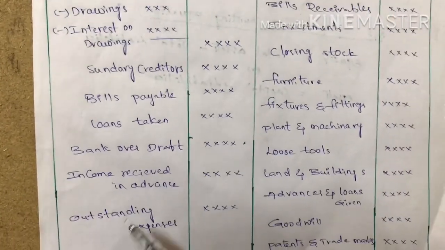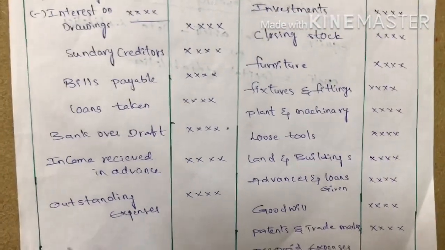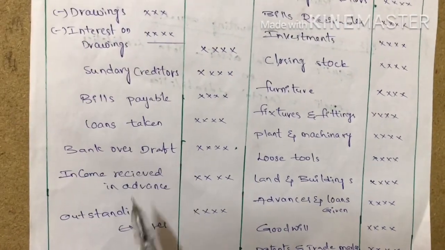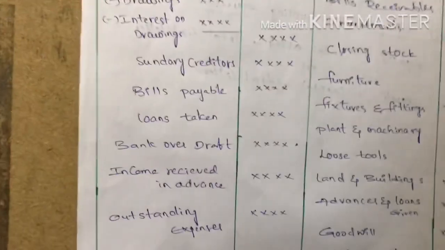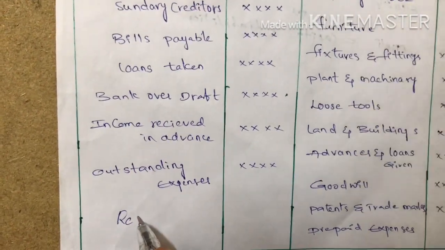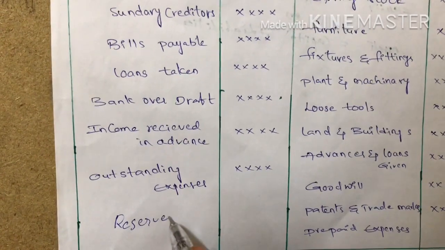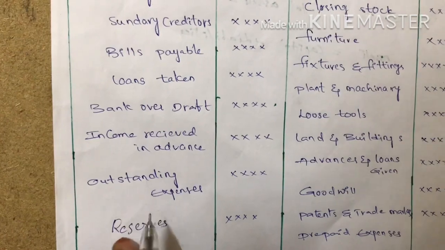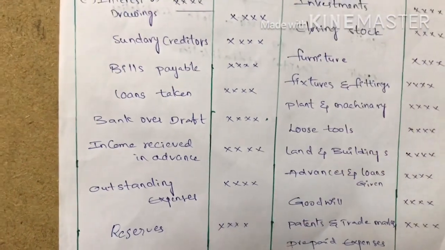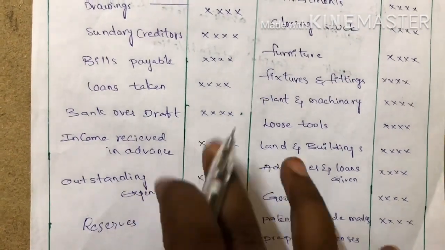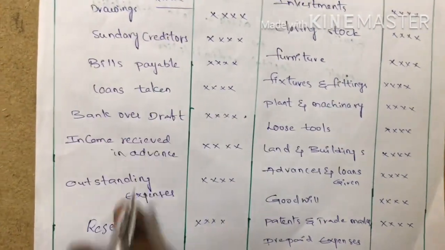So outstanding expenses are also one of the liabilities. Reserves is one of the amounts. It is like a fund, so reserves means like a fund. So that is one of the liabilities.